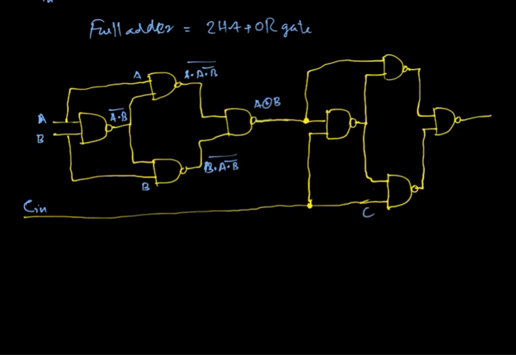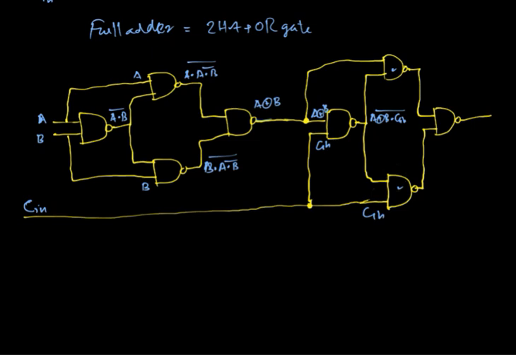So here it is C in, here it is A exclusive OR B, here it is A exclusive OR B and C in. The output will be A XOR B and C in complement. That is the input to this gate, and the same input is one of the inputs of this one.